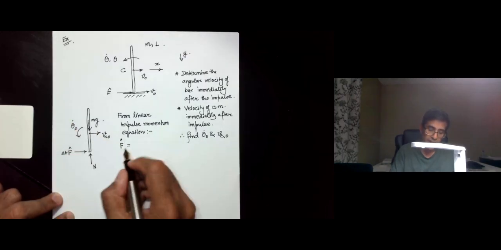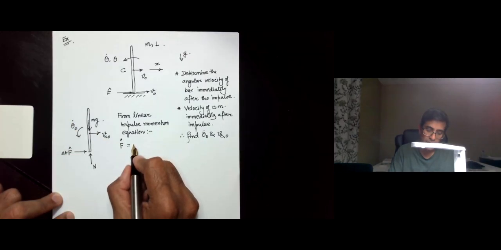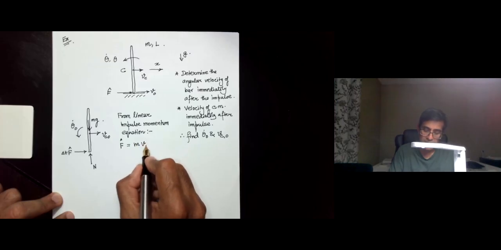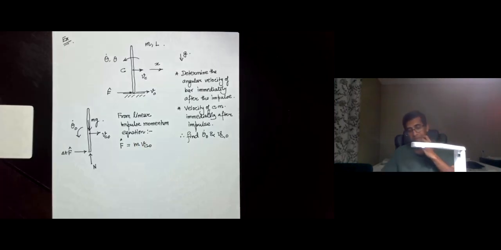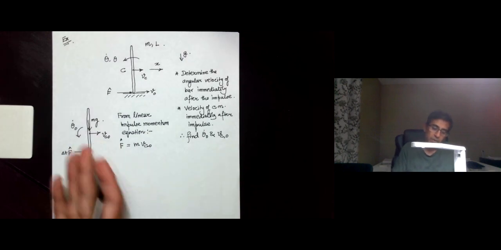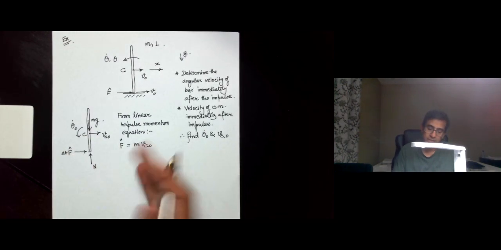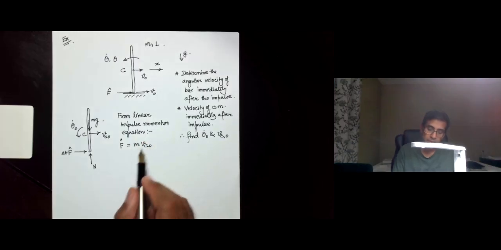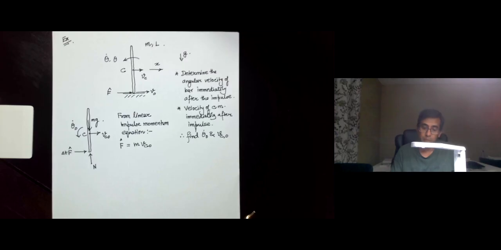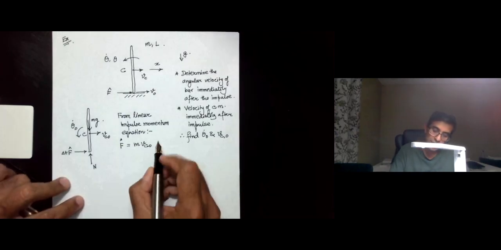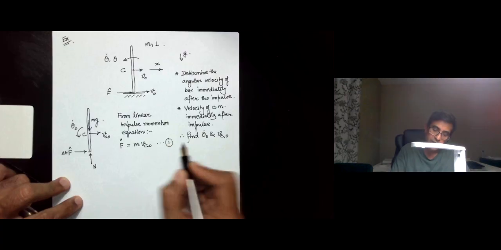So F hat is equal to m times Vc0. This is the change in momentum of the center of mass C in the x direction, from 0 initially to mVc0, caused by the impulse. This is our equation 1.